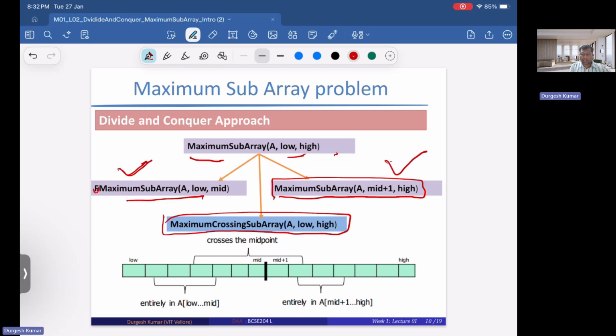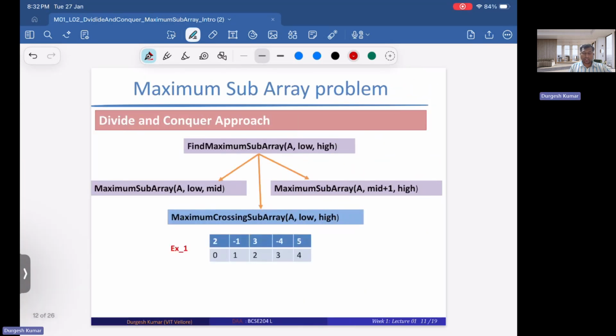This finds the maximum subarray in the higher half. This function, maximum crossing subarray, will find any subarray that spans across the middle. So it must include the middle, and the middle plus one element. And we try to stretch as much as possible on this side, and as much as possible on this side.